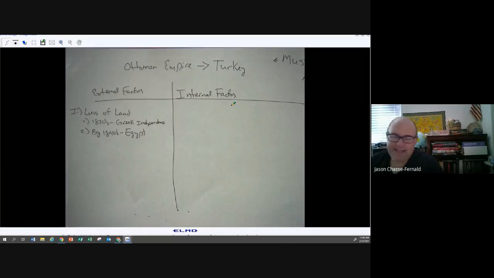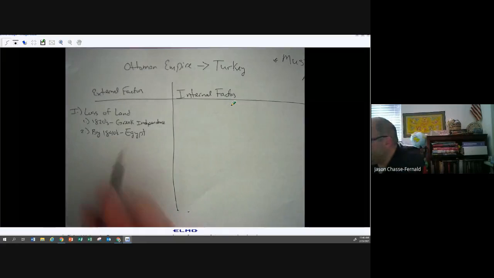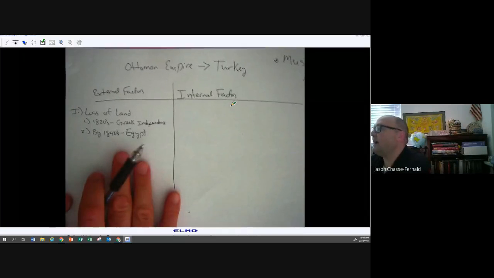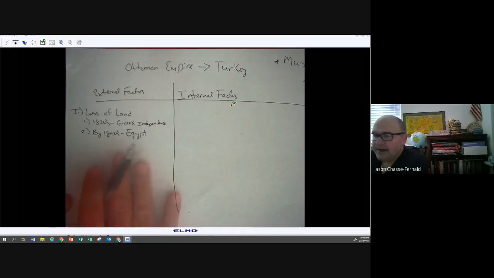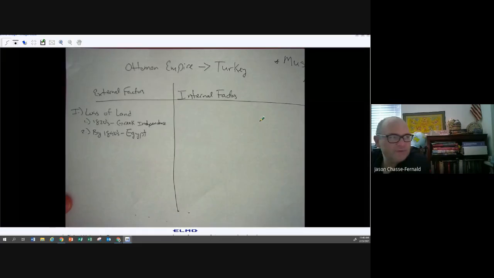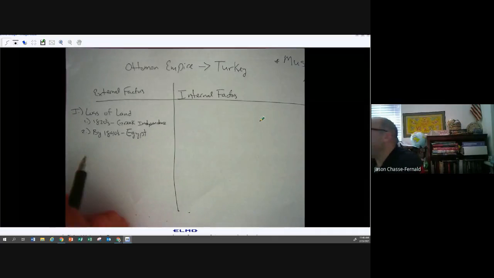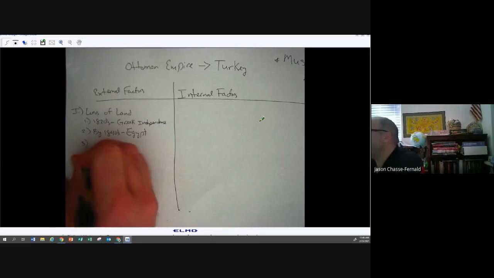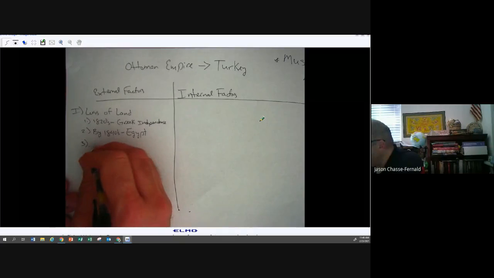So really by 1839 to 41, we see Egypt acting independent. So anyway, kind of on a tangent there, so I apologize. But right, so we see that taking place.